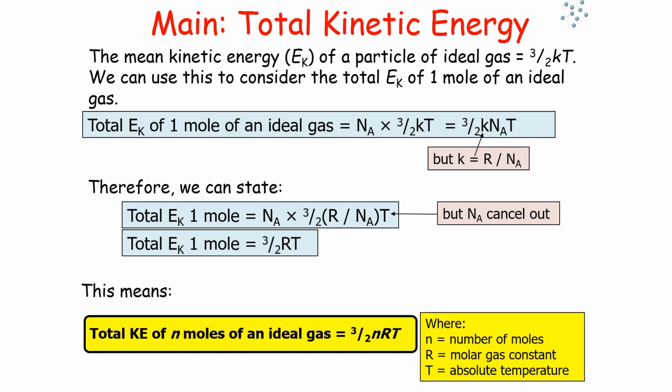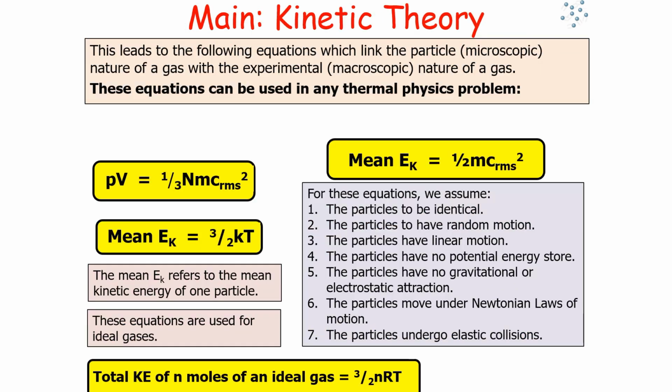So our total kinetic energy of 1 mole is equal to 3 over 2 RT. So this means that the total kinetic energy of n moles of an ideal gas is going to be 3 over 2 nRT, where n is the number of moles, R is the molar gas constant, and T is the absolute temperature. So to summarise, the kinetic theory leads to the following equations, which link the particle or microscopic nature of a gas with the experimental or macroscopic nature of a gas.